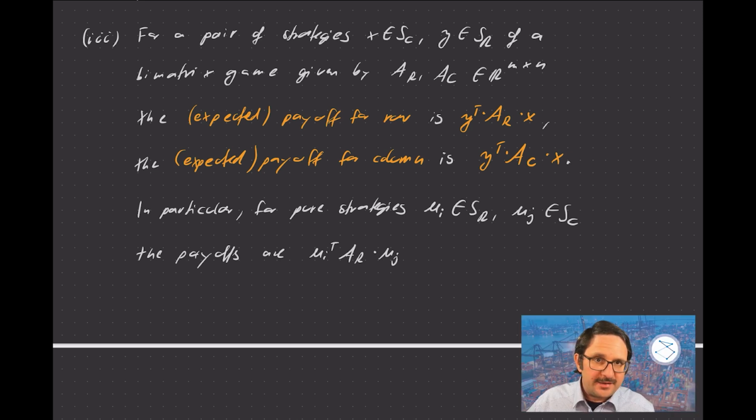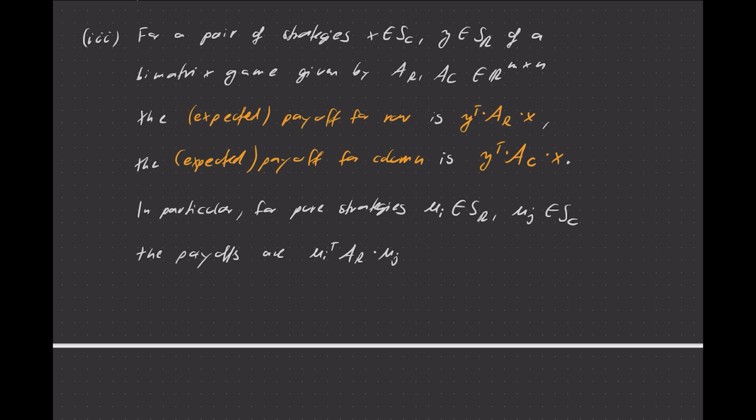And that would weigh the jth column with a 1 and all the others with 0, so they vanish. That means A times u_j is exactly the jth column of A. And then u_i transposed times that vector will select exactly the ith entry of that column. And all the others will have a weight of 0, so they would vanish. It means what we get here is the entry of that matrix in position ij. So we denote that as a small a_R for the matrix capital A_R and the entry in position ij. That's what I mean by this here.